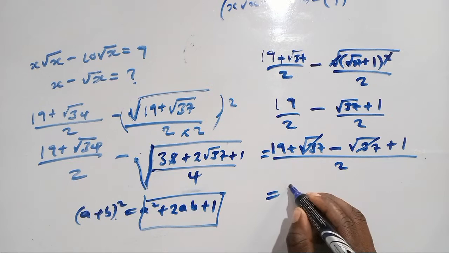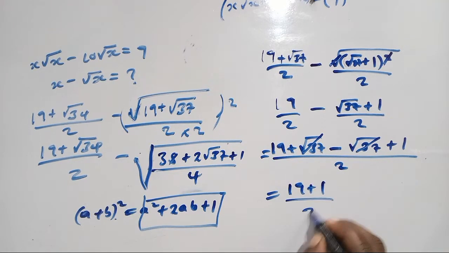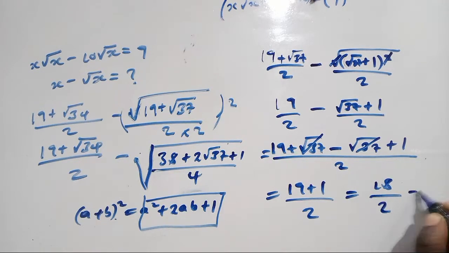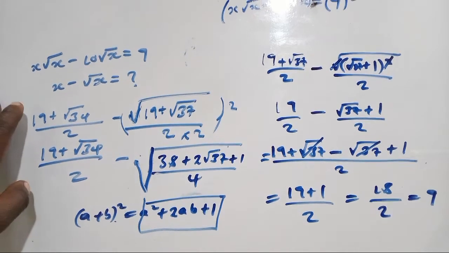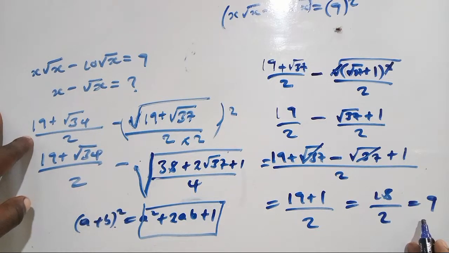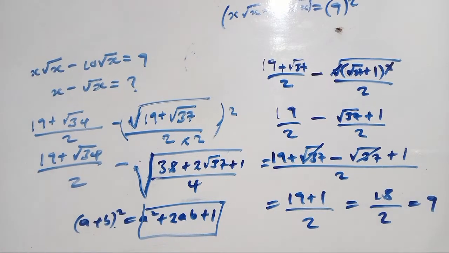So we have 19 plus 1 over 2, which should be equal to 18 over 2, which is equal to 9. From this same question here, we have proved that x should be equal to 9.